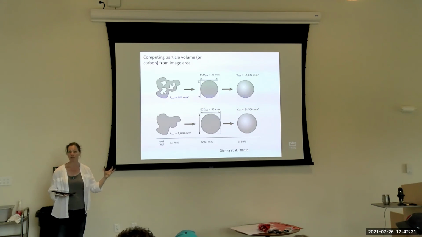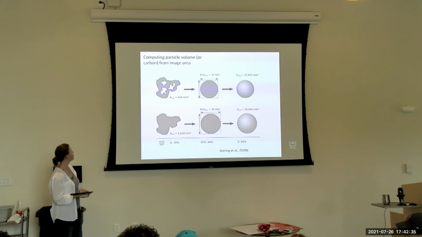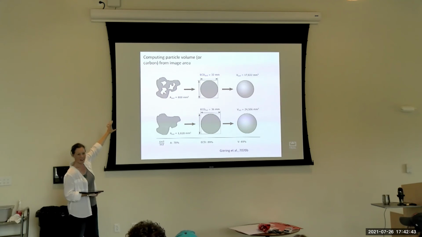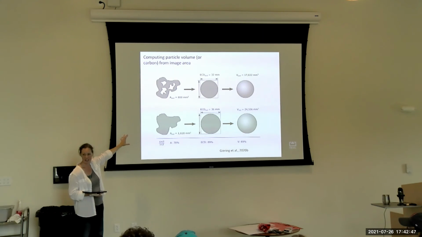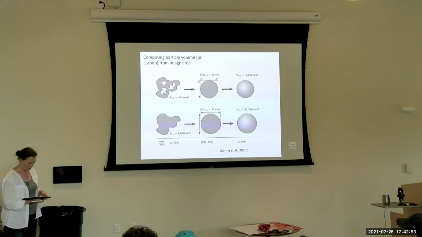And then how do we get from a volume to a carbon content? There's lots of questions there too. The example here is just illustrating, are you looking at just the cross-sectional area that exceeds some threshold, or are you filling all the holes in your cross-sectional area, assuming that the particle is solid, completely composed of the same thing.